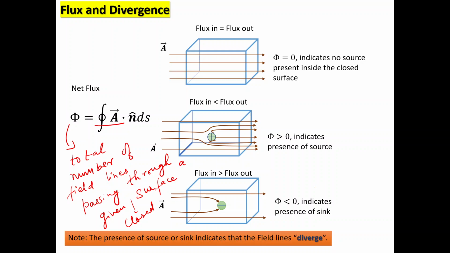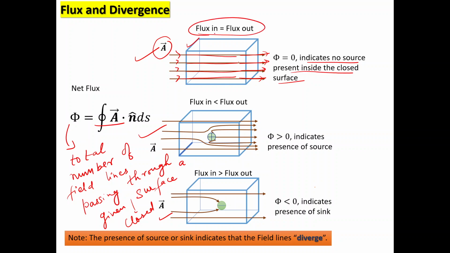Now, we have considered here three cases. In the first case, you can see four flux lines of this vector are entering this volume, and they are simply passing out without any kind of disturbance, which indicates that no source is present inside this surface.